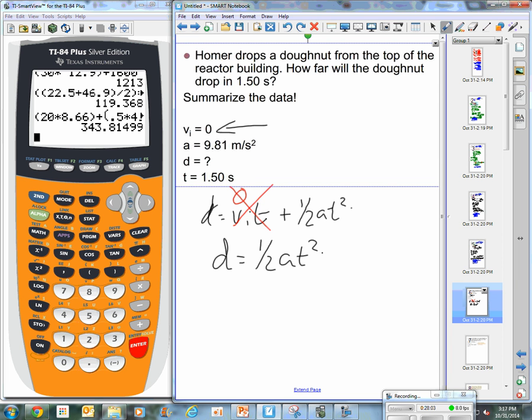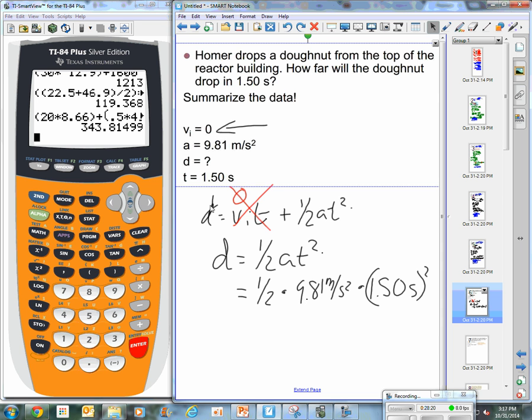All right, so here we go. d equals a half a t squared. So a half times 9.81 meters per second squared times the time of 1.50 seconds, and we need to square that.